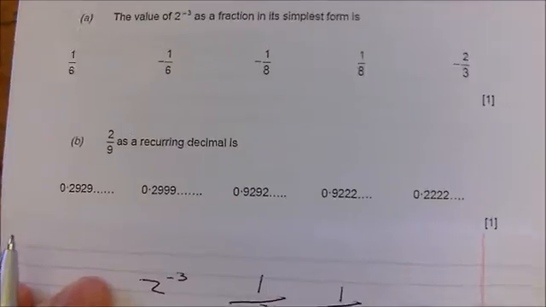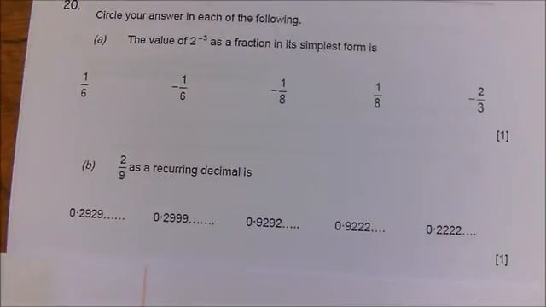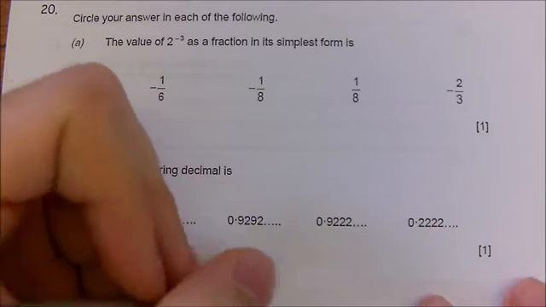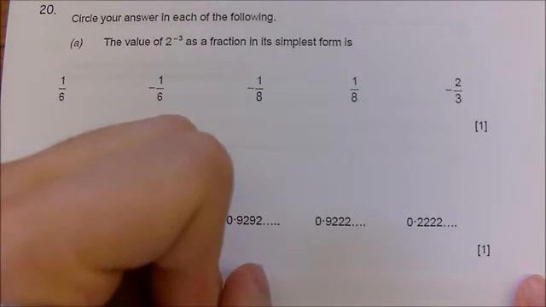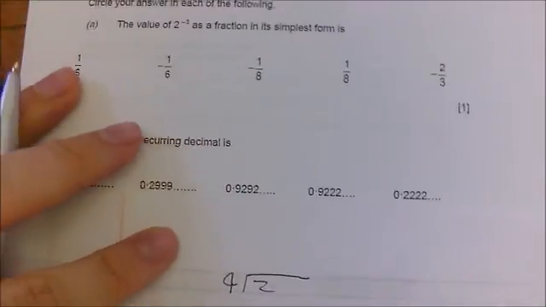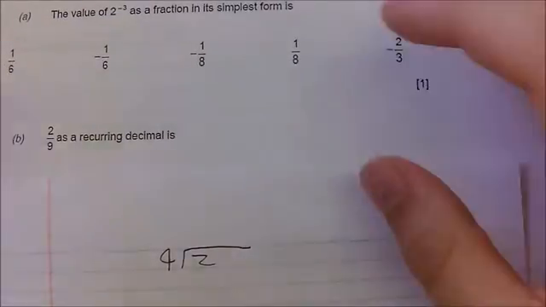And then the next one is 2/9 as a recurring decimal. So we would just do 2 divided by 9, and then whatever the answer is obviously the decimal.